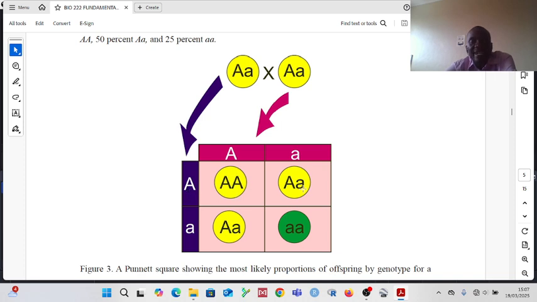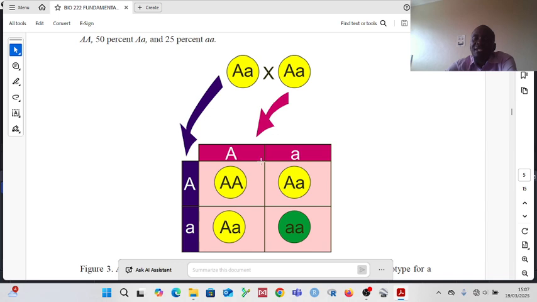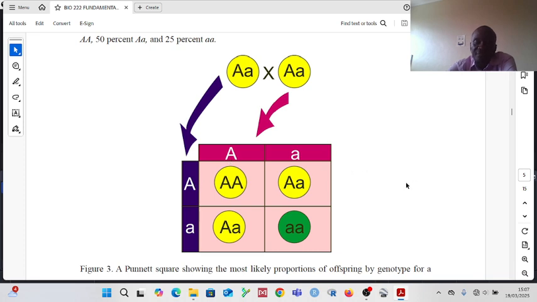Where the dominant and the recessive meet, they create a heterozygous. Equally, where the dominant of this parent meets the recessive of the other parent, we get a heterozygous. But when the recessive of this parent crosses with the recessive of the other parent, they give us a homozygous recessive. The other homozygous here was a cross between the dominant allele from one parent and the dominant allele from the other parent, so we have a homozygous dominant.